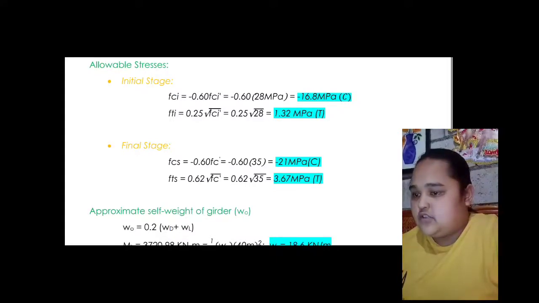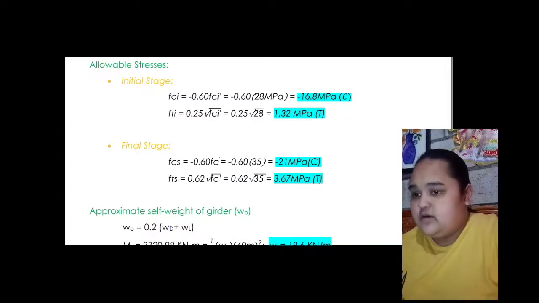That is tension. In the final stage, FCS is equal to negative 0.6 times 35 is equal to negative 21 MPa. Compression. FTS is 0.62 square root of 35 is equal to 3.67 MPa tension.